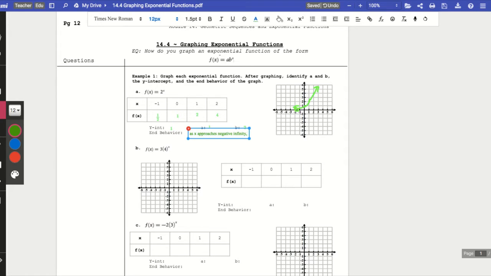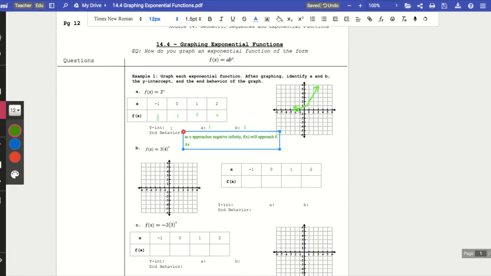But it's never actually going to reach 0. Even if I had -1074, my function would just be 1 over whatever 2 is to that power. So it's not going to be 0. It's just going to become a very small fraction. So as x approaches -infinity, f of x will approach 0. And this is kind of the sentence frame that we're going to be using.